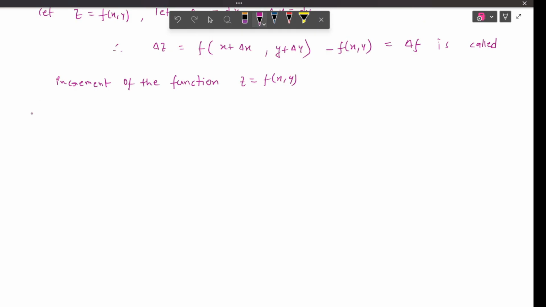Now let's see how to define differentiability and total differential. Again, let z be a function of x comma y, a function of two independent variables x and y.